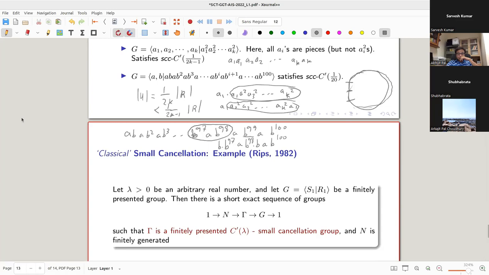Then I have another appearance of this here, right? b to the 97, a, b to the 98. And by the same argument, if I look at b to the 98, a, b to the 99, you can write b to the 99 as b times b to the 98, a, b to the 100 as b to the 99 b. And you see that it appears again here, right?